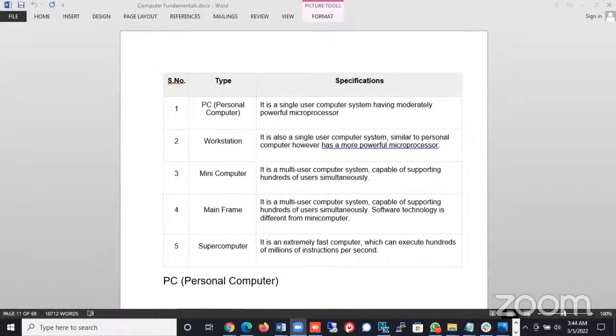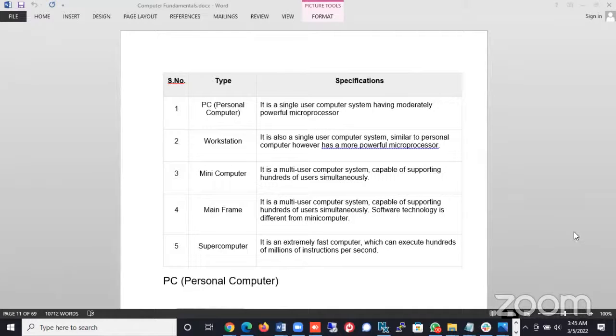So we have your personal computer, right? The personal computer is a single user computer system having a powerful processor. When you see the comparison of what a PC is, we have a workstation, we have the mainframe, we have the supercomputer, right?